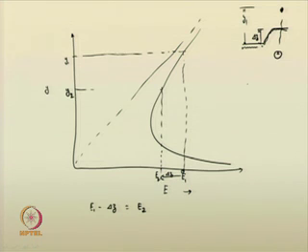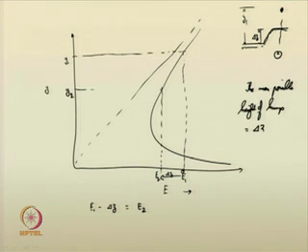If the maximum possible height of hump is equal to del z c, let us suggest del z c, such that from E 1 up to the critical condition, what is this value?